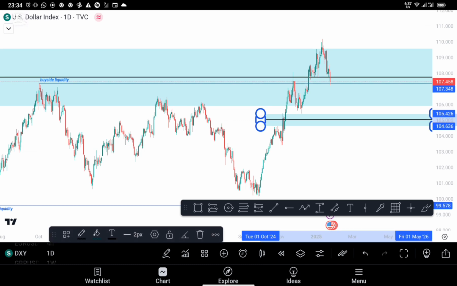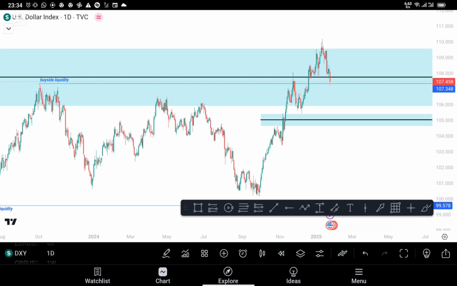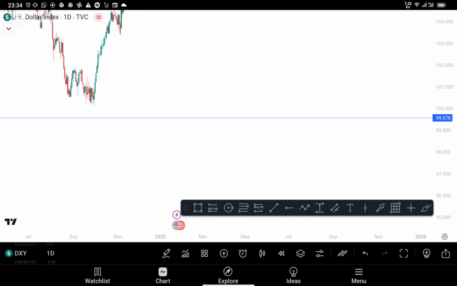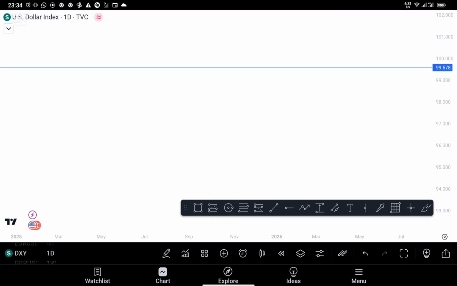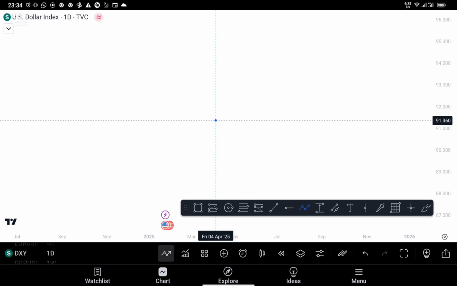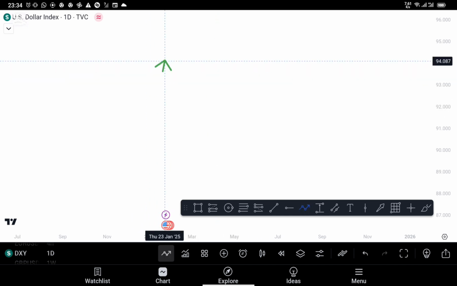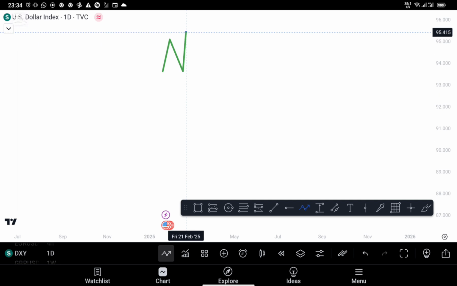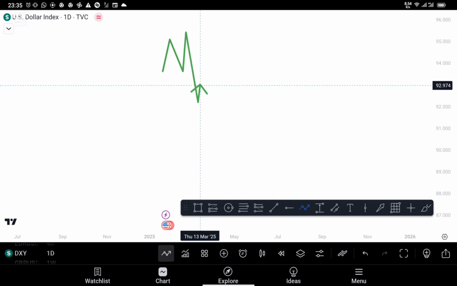Okay, let's see if we are right. So we're waiting for a sell model to form here, those continuation models. Not sure if you're familiar with the structure. It's like this. Let's say we had a high, a low, maybe a high, and then a low.